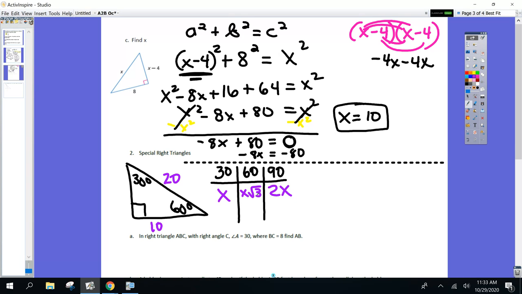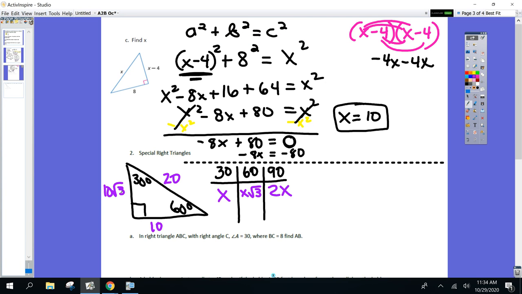That means across from the 60 is going to be 10, the side across from 30, times radical 3. So that's what this relationship is right here. Here's an example with actual numbers. Any questions yet before we get to an example of it in part A?